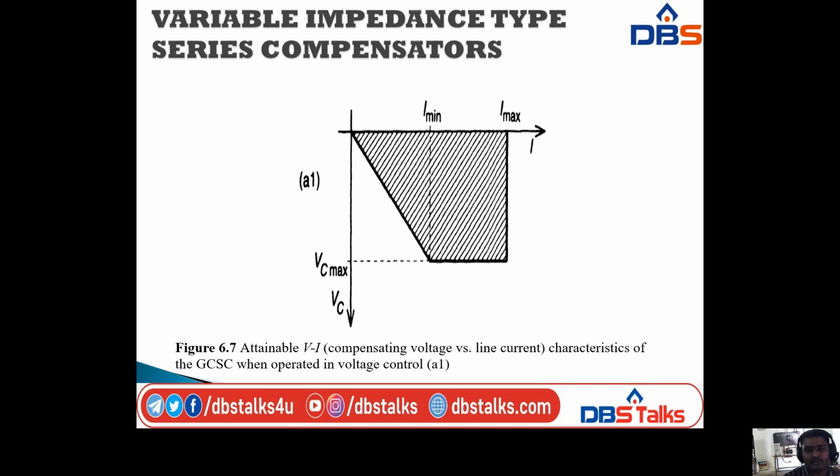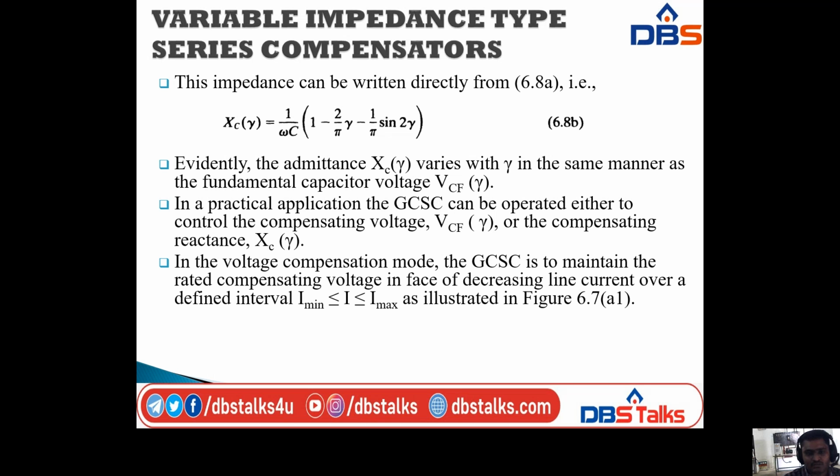Here the current lies between minimum and maximum current, I minimum and I maximum, and we have the maximum capacitor voltage, that is VC maximum. So the diagram is like this, and we have the cross lines.